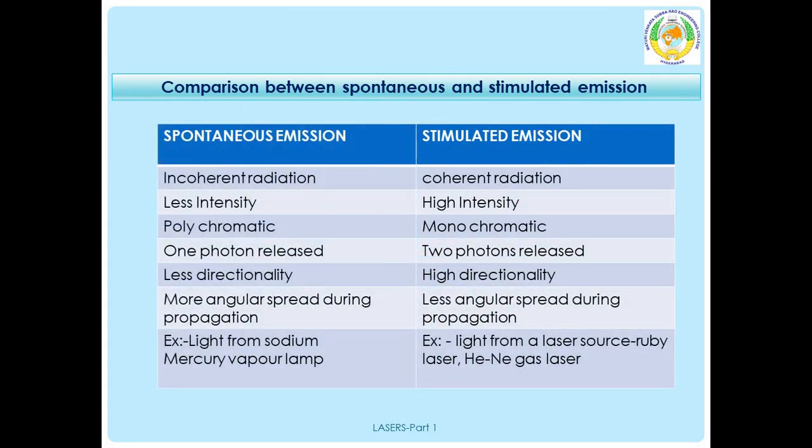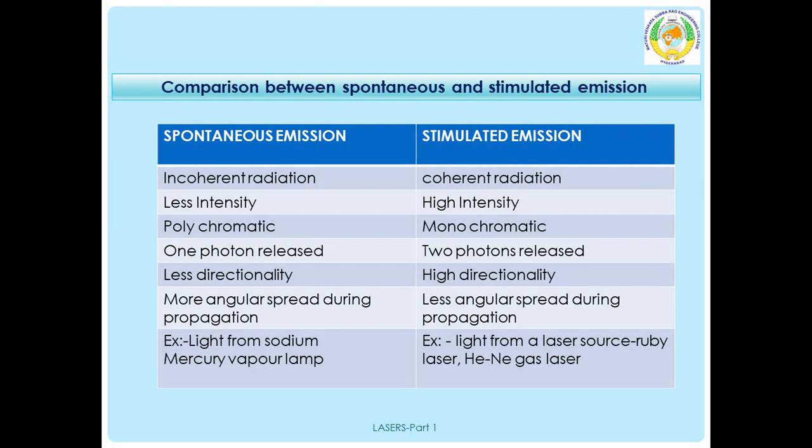Now let us compare these two, spontaneous and stimulated emissions. Spontaneous emission gives out what is known as incoherent radiation, whereas stimulated emission gives out coherent radiation. Just now we saw.